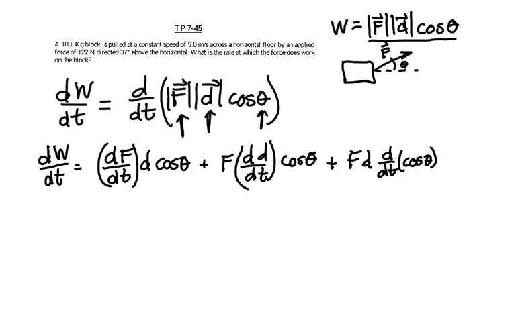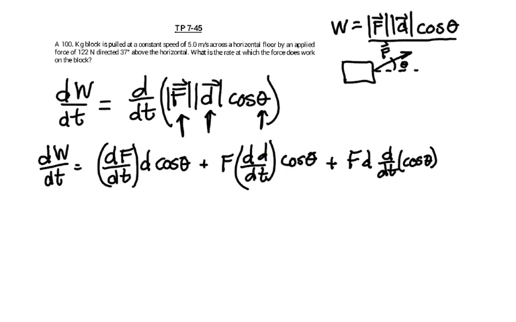For the product rule, we take one variable, leave it as the variable, and the other 2 remain constant. So we do it one at a time. For our first term, we leave our displacement and our angle constant and only take the first time derivative of our force variable. And then we do it again, except now our force variable is constant.